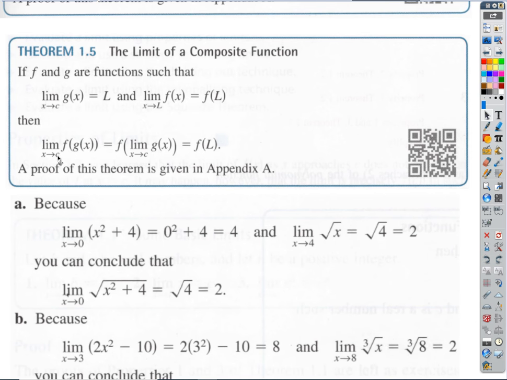So we'd plug the value of c into g of x. First we're going to do the limit of g of x. The limit of g of x as x approaches c is L, right? And so then our final answer is just going to be whatever the function f is evaluated at the output of g. Okay, so let's go down and look at our example down here.